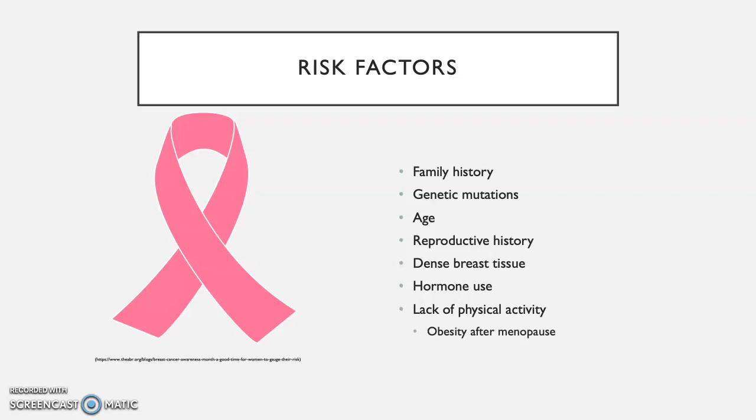Individuals with dense breast tissue are also at a higher risk. Those who use hormones for various reasons, and also lack of physical activity or obesity after menopause can increase the risk of breast cancer in some women.